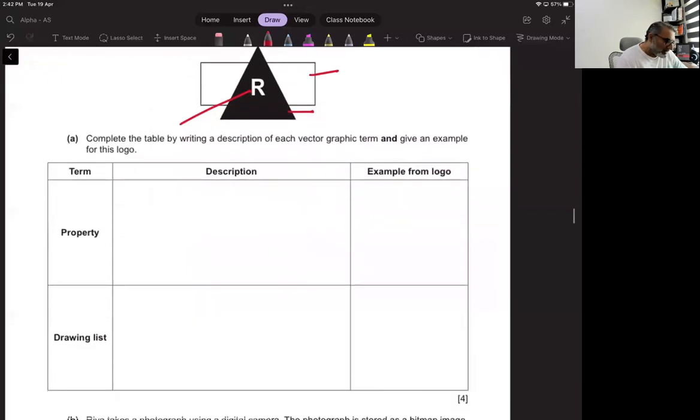Okay, so what are properties? Data inside drawing list about the shape.